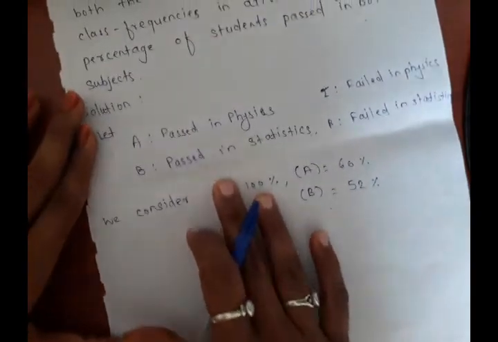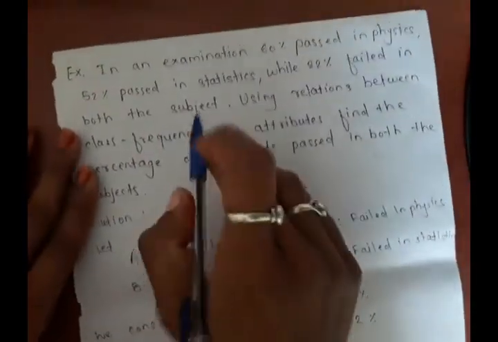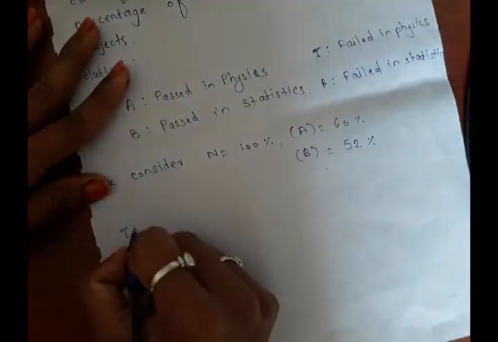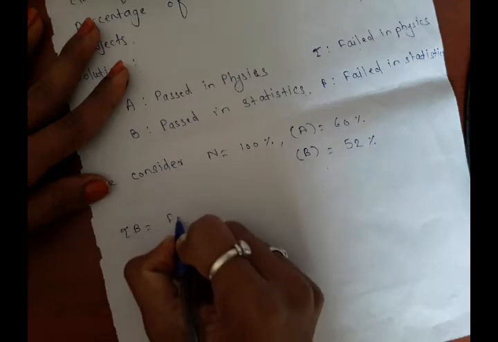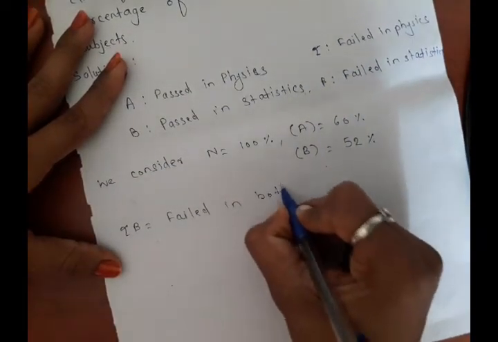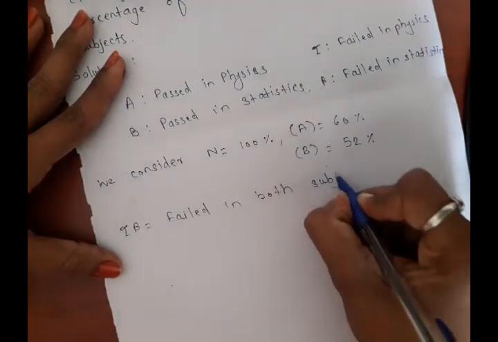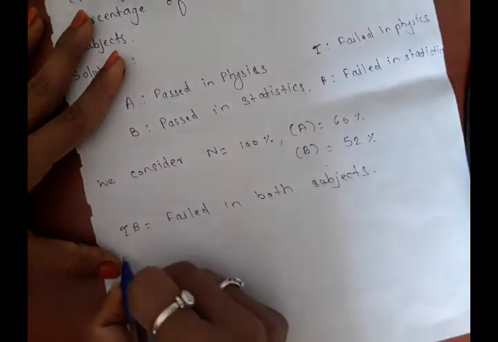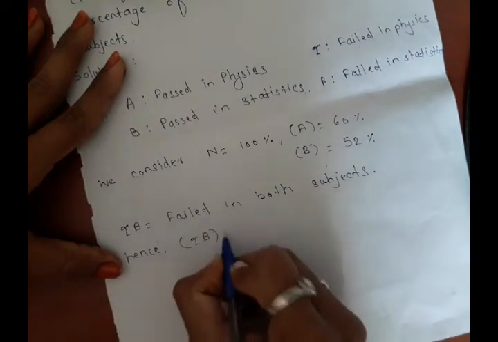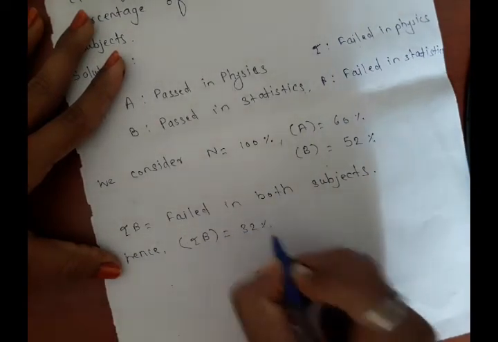Here it is given that 32% fail in both the subjects, that is alpha beta is fail in both subjects. Hence (αβ) is equal to 32%.